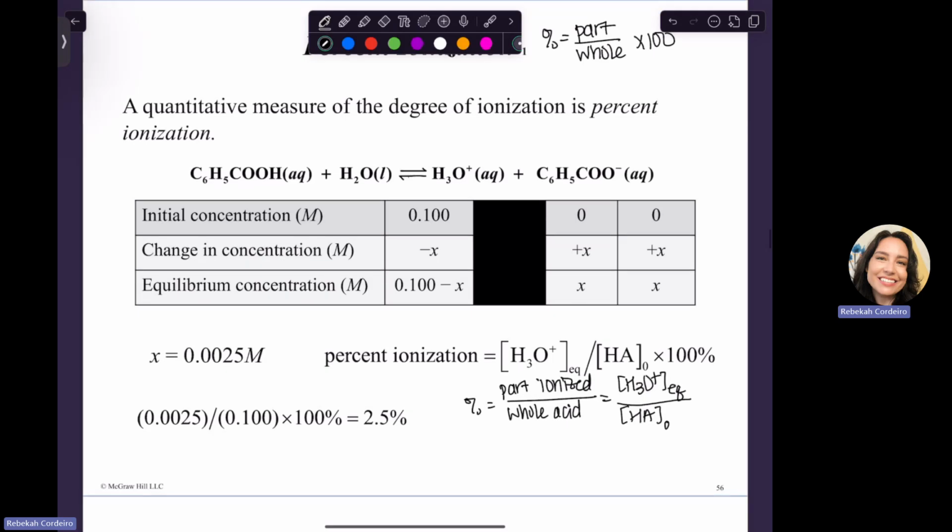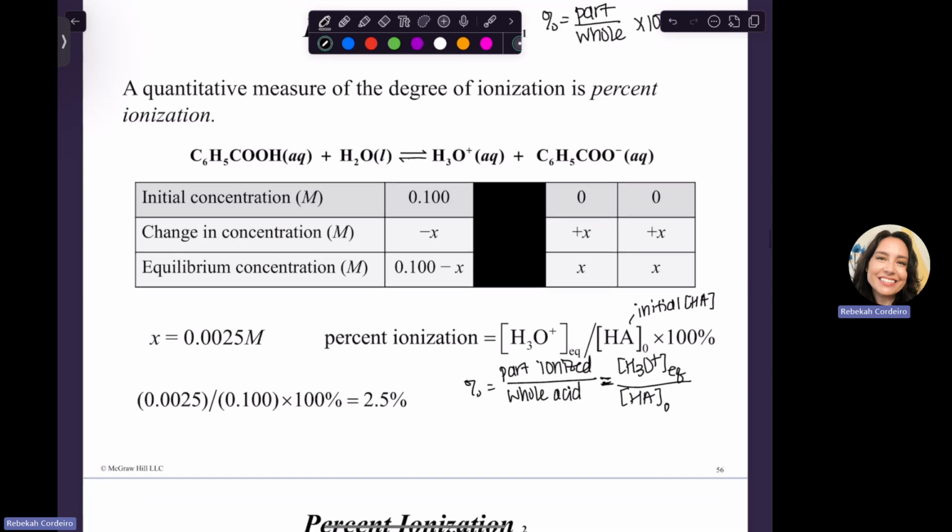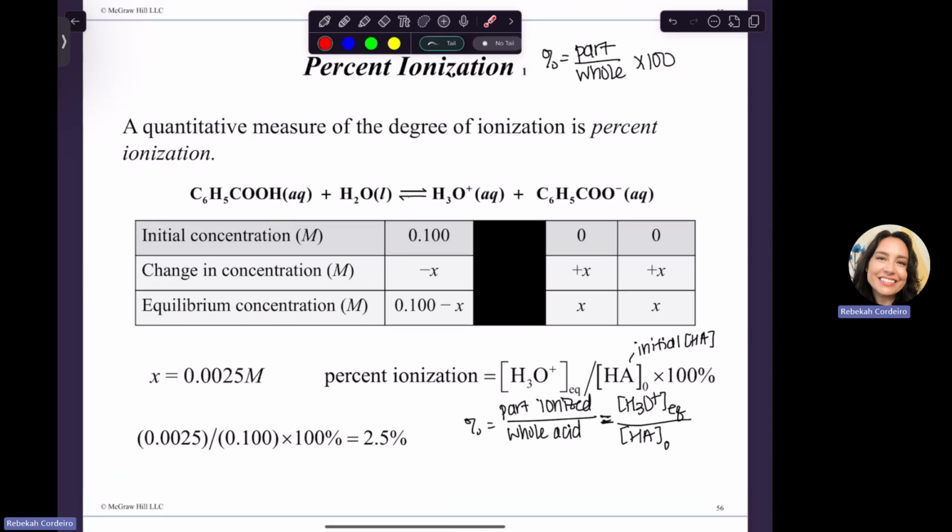Remember from when we were talking about rates, we put a little 0 at the end to mean initial concentration. Initial concentration of HA. So in this example, they told us if x is 0.0025, percent ionization would be 0.0025 divided by my initial concentration times 100. And that would give me a percent.